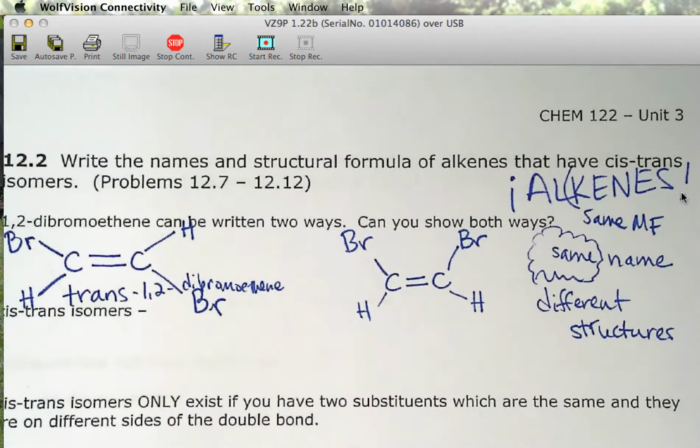So this is an example of cis-trans isomers. The definition: different arrangements of groups on the two sides of the double bond.